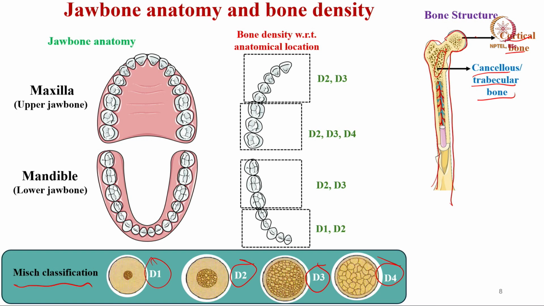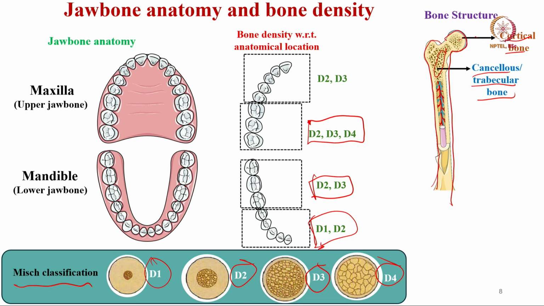And if you look at this maxilla region, D2, D3, D4 are very commonly clinically recorded bone densities in human patients in the upper jawbone. Now, in other parts you have either D2, D3, and in some of the edges of the lower jawbone you can have D1 and D2 bone.